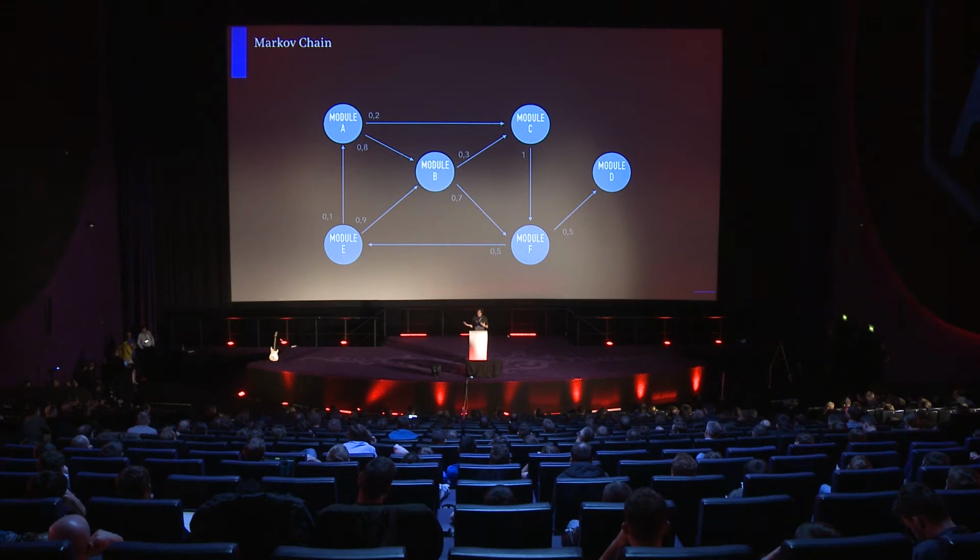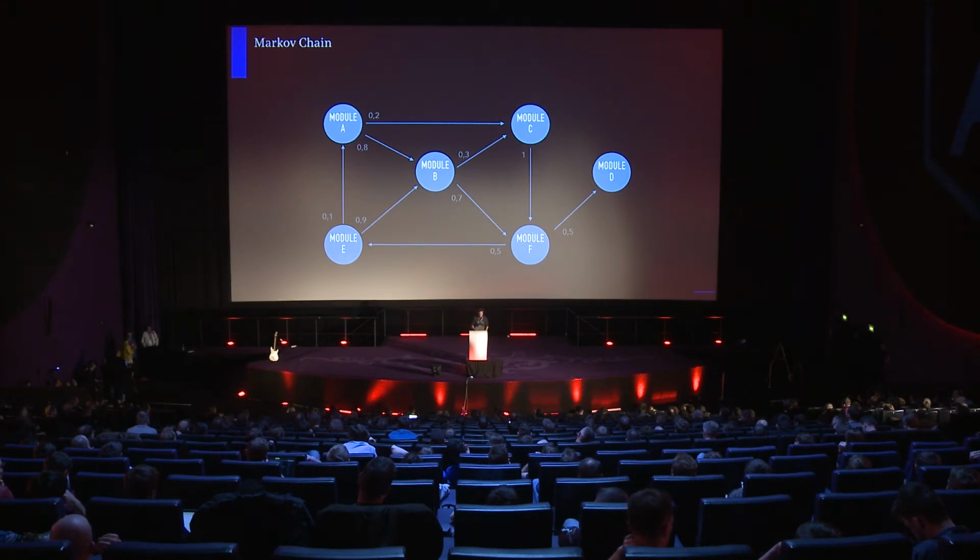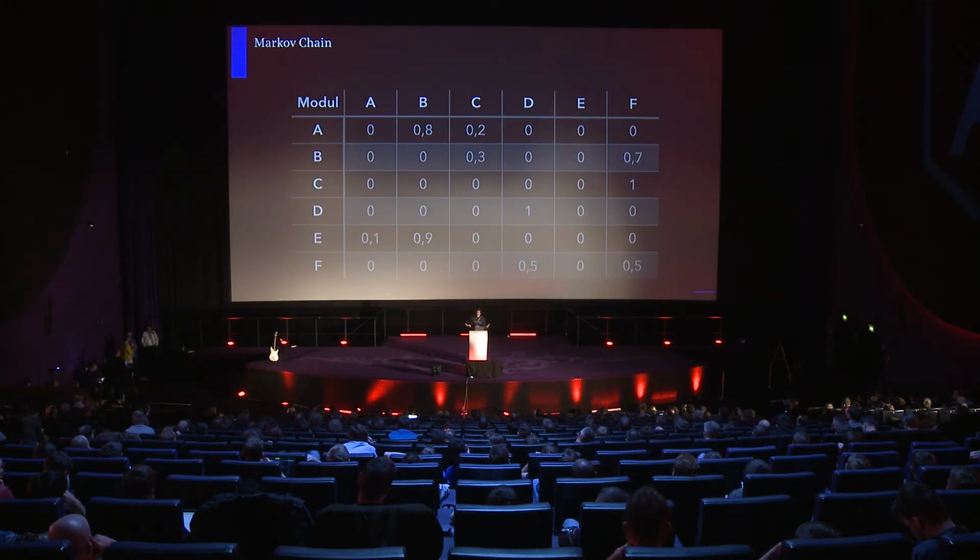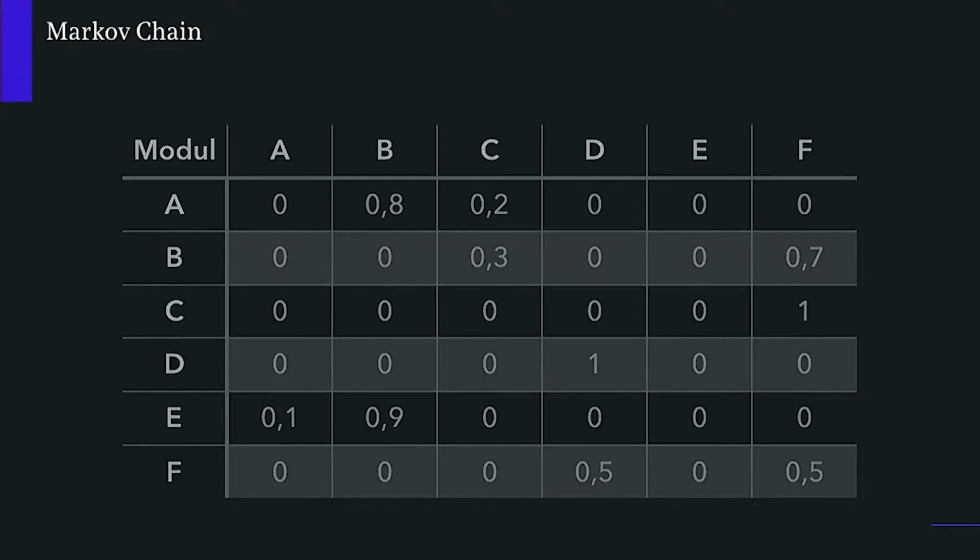So this looks a little bit complicated. You can use that, but you can also make it a little bit simpler, like a two-dimensional array. So you have your modules from A to F, and every time there's a transition from one module to another module, like for example from A to B, you just write down the probability of the user using that route.